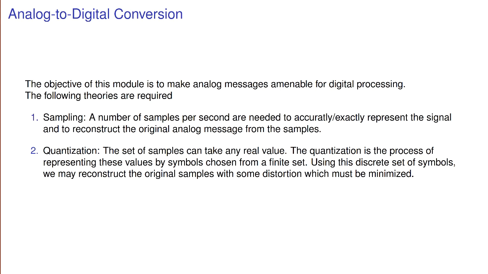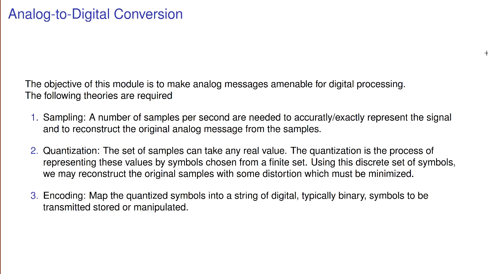So using this discrete set of symbols, we may reconstruct the original signals with some distortion. So some amount of information is lost in the second step, while in the sampling stage, we try to be able to have as perfect reconstruction as possible.